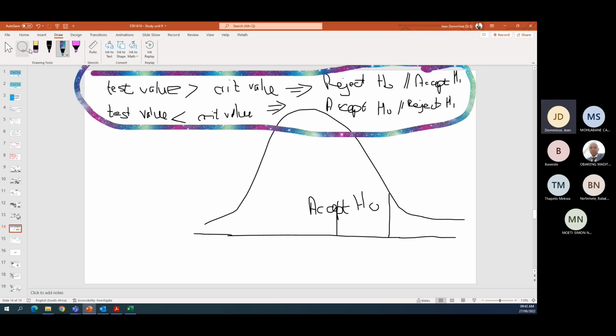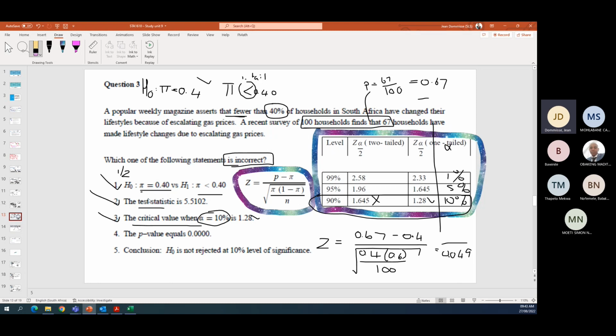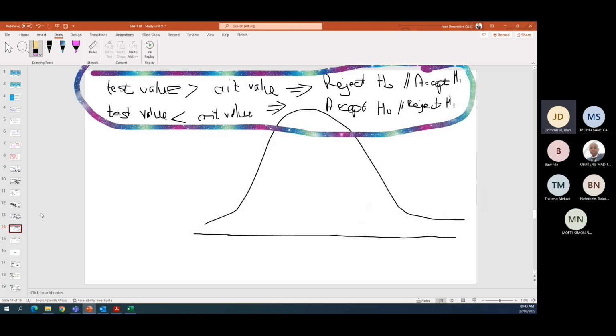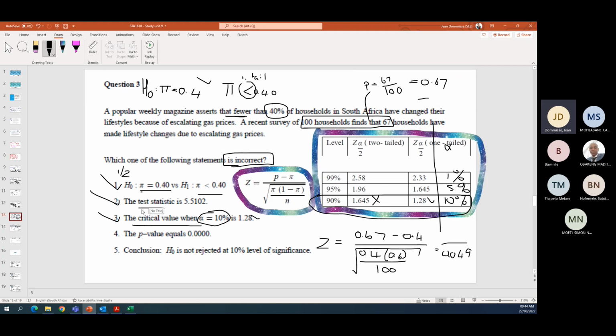So let's see. Let's take this part out. Let's see what did they give us. What did we work out? So the T-stat that we worked out was 5.51. The critical value was 1.28.